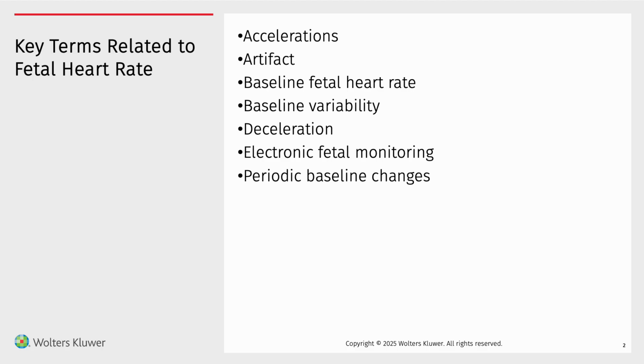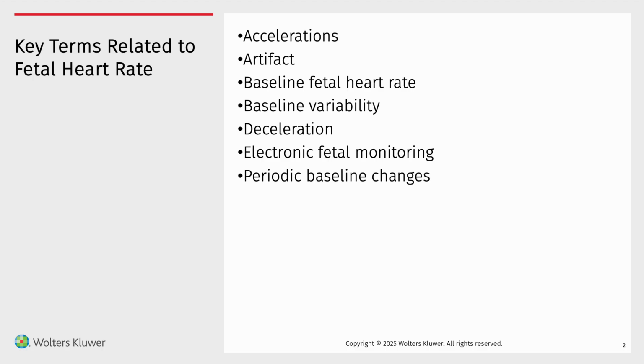You have what's called decelerations, and that's a transient decrease in fetal heart rate, usually classified as early, late, variable, or even prolonged, depending on the timing and the shape.